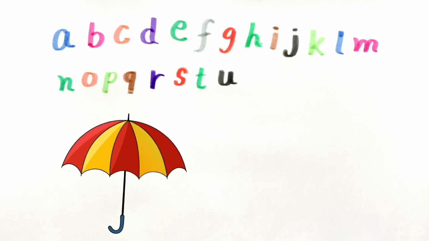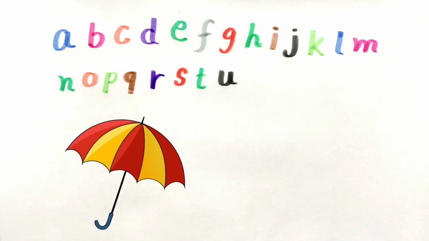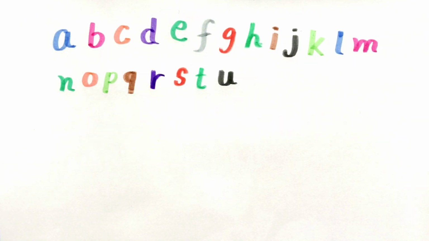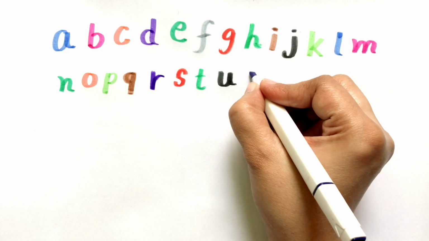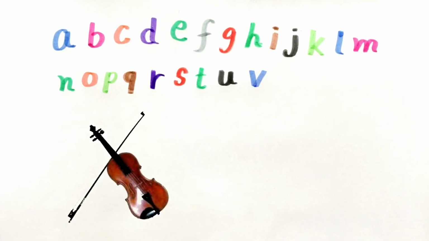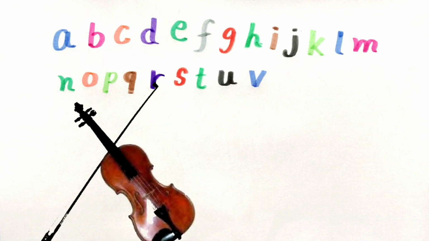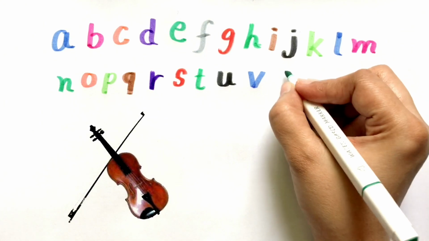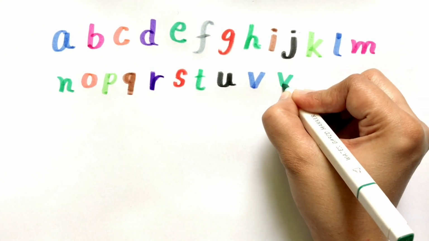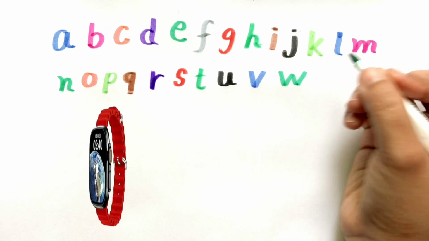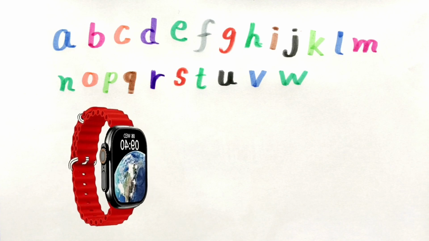U for umbrella. V for violin. W for watch.